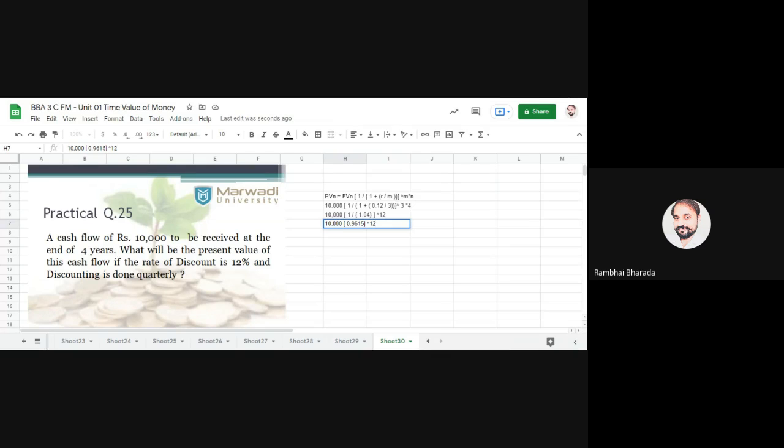Raised to 12. So 0.9615 raised to 12 is equal to how many? 0.6245, if I am not wrong, times 10,000.